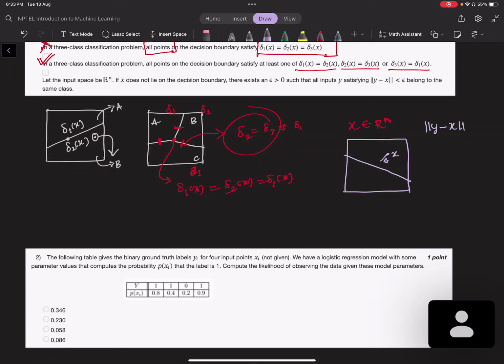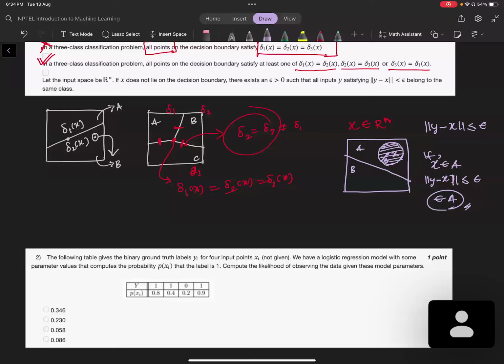So if you take an epsilon neighborhood around this x, of radius epsilon, and if x belongs to class A, let's say, all these points y with norm of y minus x less than or equal to epsilon will also belong to A. That means if you take a point which is not on the boundary, there exists an epsilon, which might be very small, so in that epsilon neighborhood, all the points will also belong to the same class A.